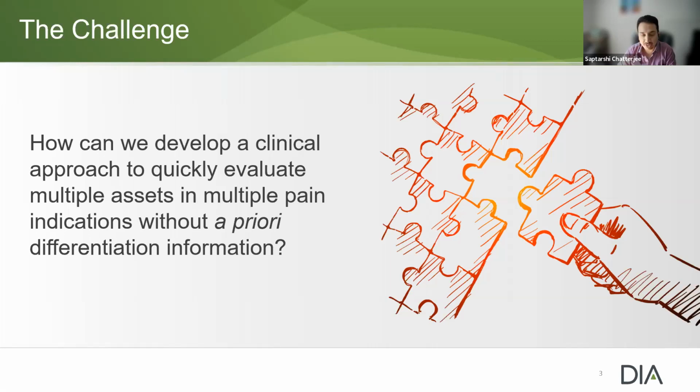If we don't have any a priori information, how can we develop a framework that can quickly evaluate some of the assets that we had in the portfolio for multiple pain indications?